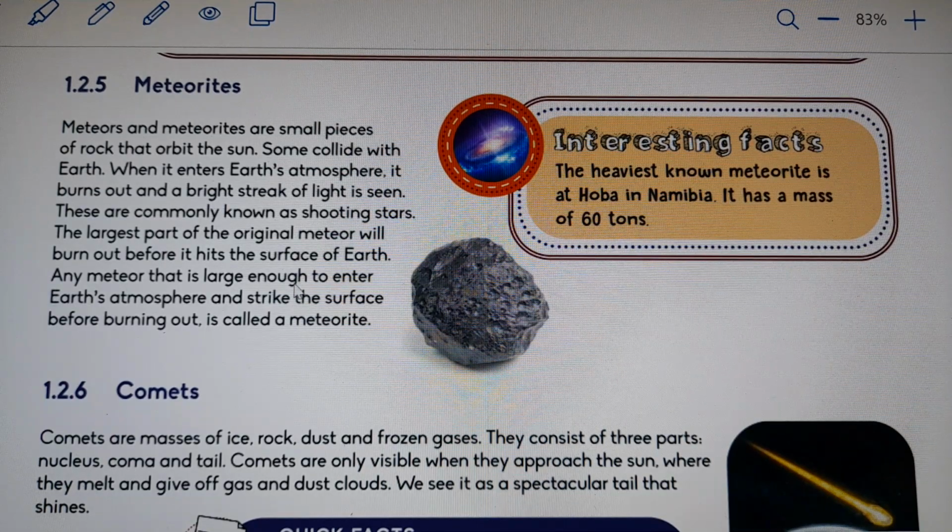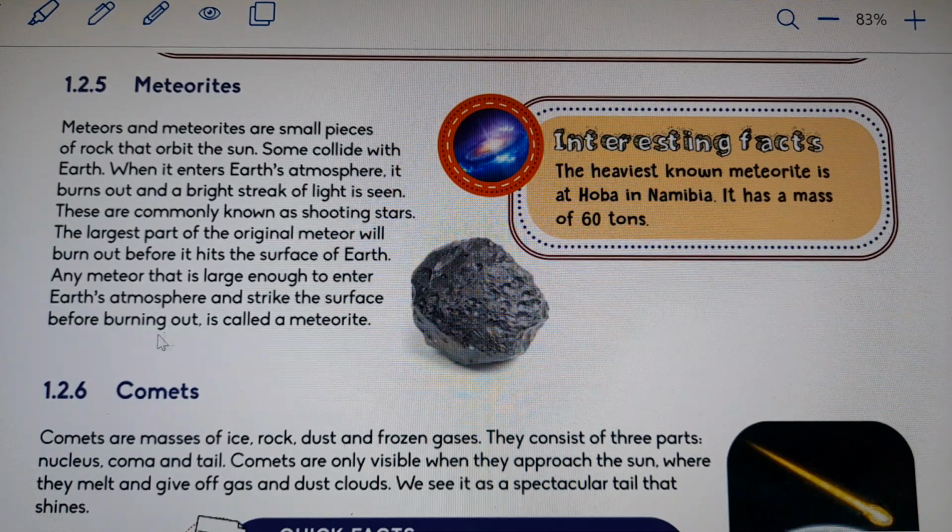Any meteor that is large enough to enter the Earth's atmosphere and strike the surface before burning out is called a meteorite, because normally the largest part of the meteor will burn out before it hits the surface of Earth.